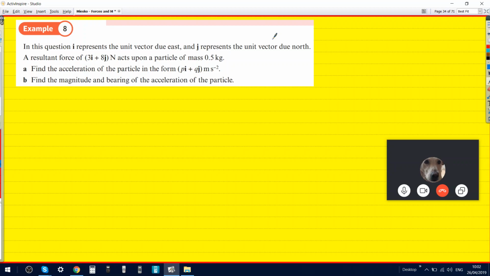Is it 6i plus 16j for the first one? 6i plus 16j.